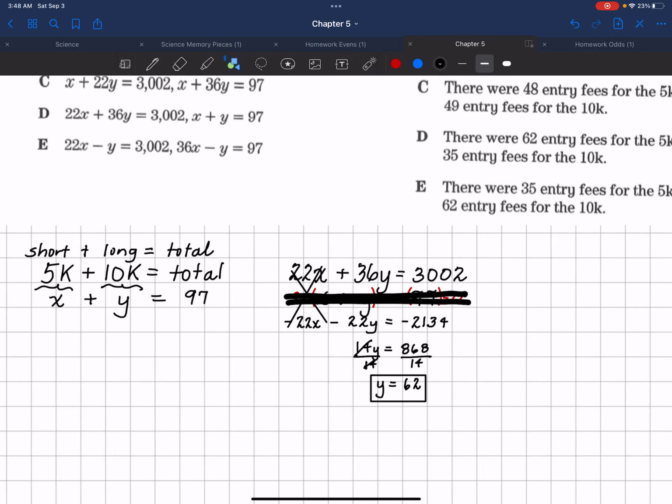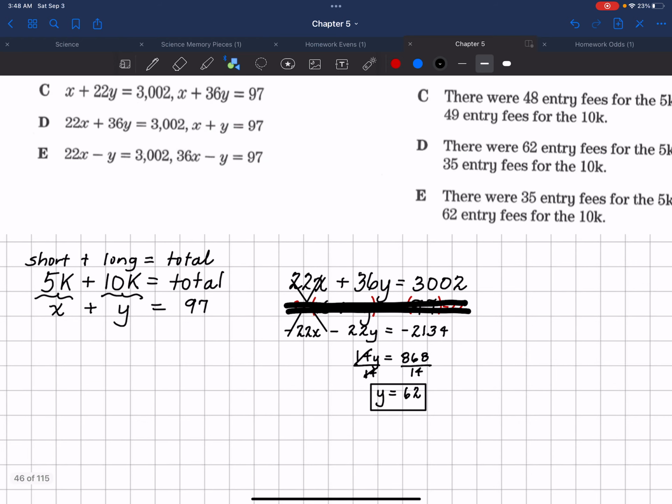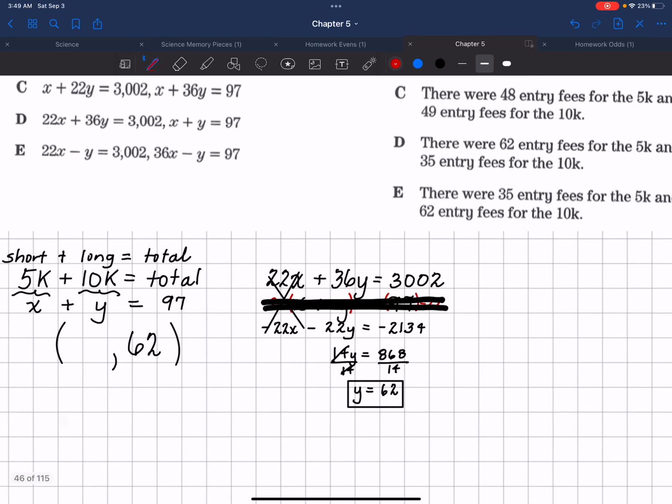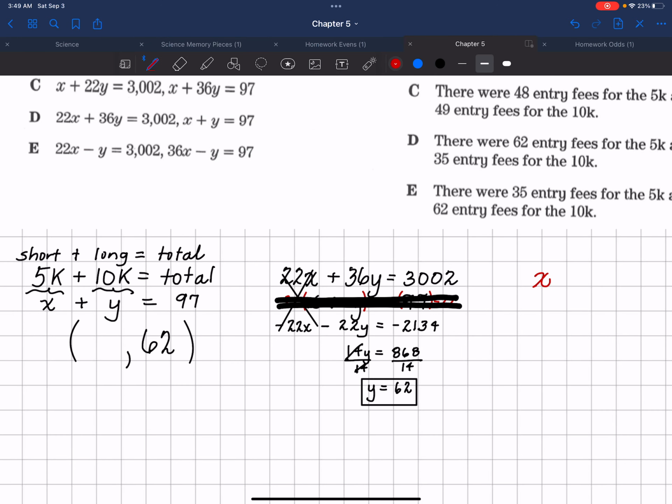And remember, the solution to a system is a point. And I just started working this. I didn't even read the question, but I know we're going to need to. So let's go ahead and finish it. All right, so plugging into this easier equation of x plus y is 97. And we're claiming that the y's are 62.